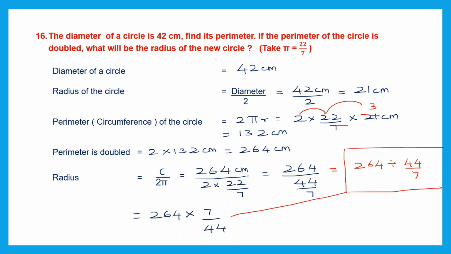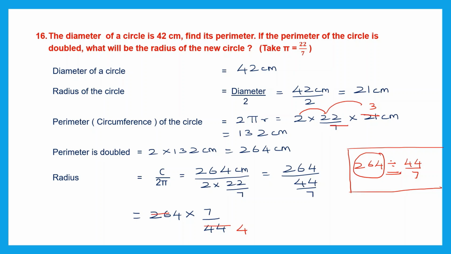So here what happens to it? 264 remains the same. Division changes to multiplication. 44 by 7 becomes 7 by 44. Okay, so let's continue with this work here. So let this remain here for your reference. Now let's cancel whatever we can. I can cancel 264 and 44 both by 11. 11 fours are 44.